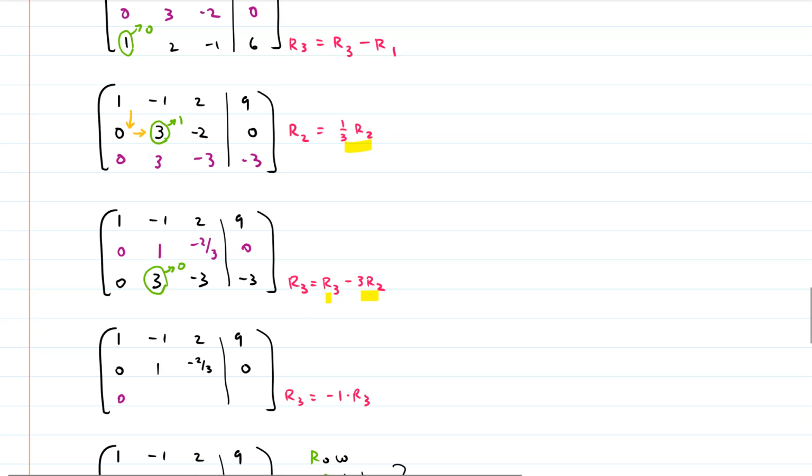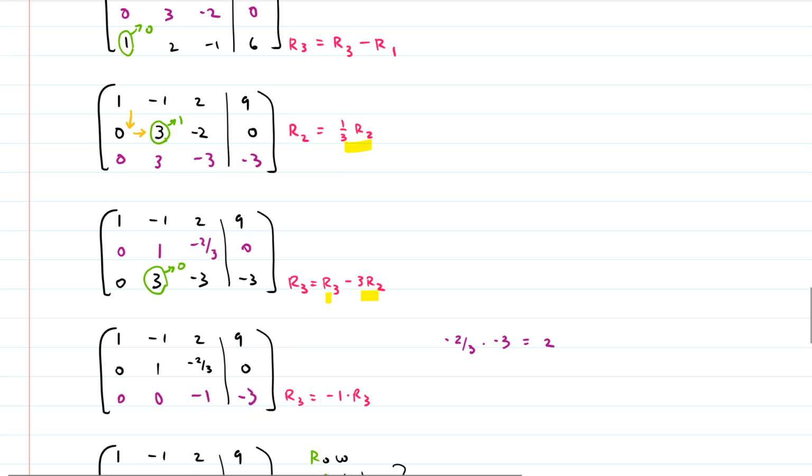Negative 3 times negative 2/3 gives us 2. Negative 3 times 1 gives me negative 3. Add it to 3 and I get 0. And 2 added to negative 3 gives us negative 1. Negative 3 times 0 is 0, and add that to negative 3 and we get negative 3.